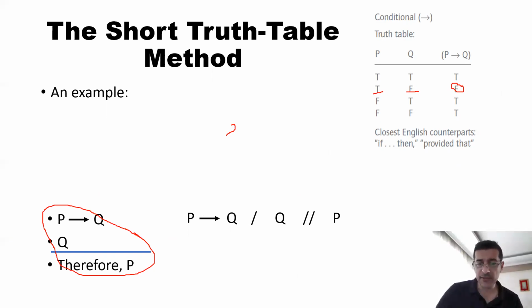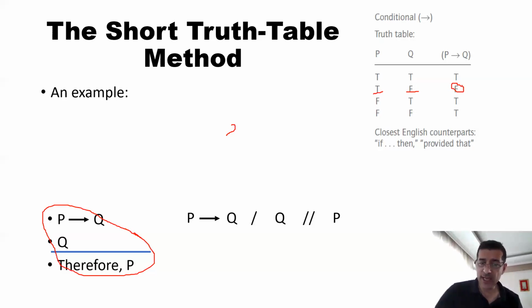So let's just focus on P. Remember we said that an argument is invalid if and only if the premises are true and the conclusion is false. So it means it can't be the case that in a valid deduction the premises are true and the conclusion false.